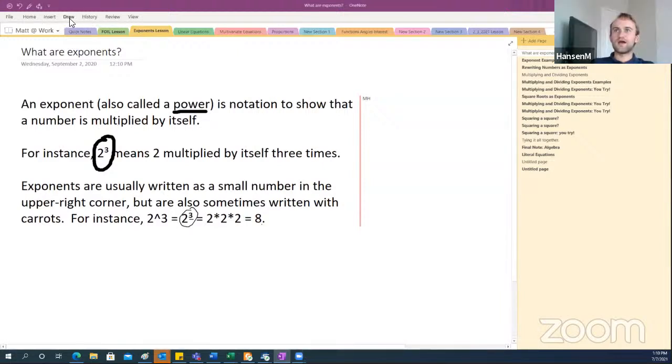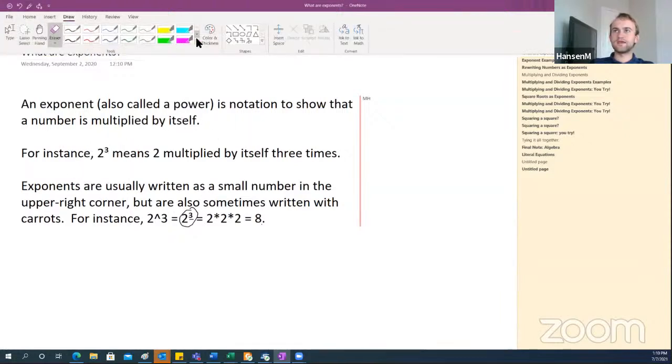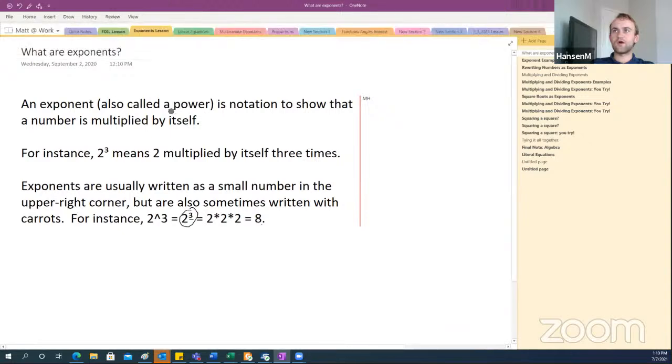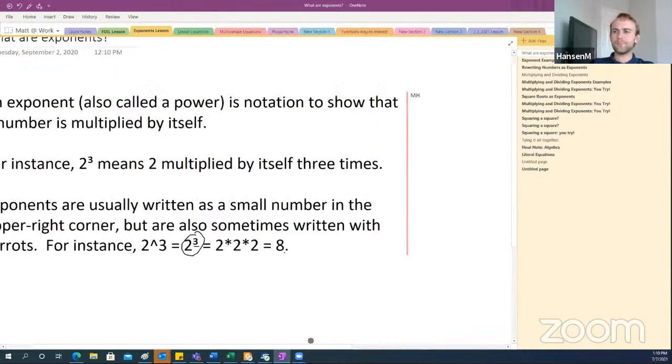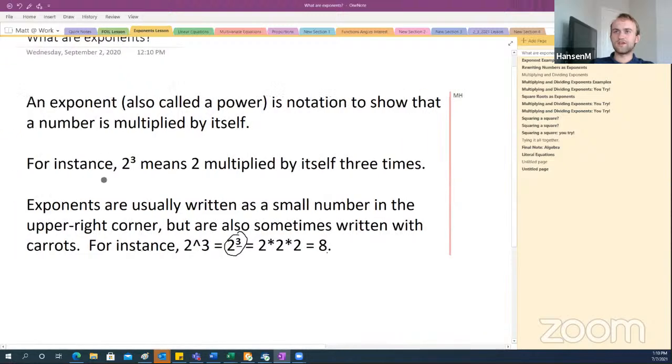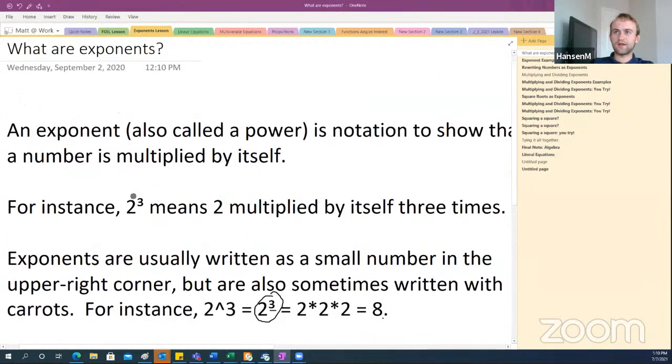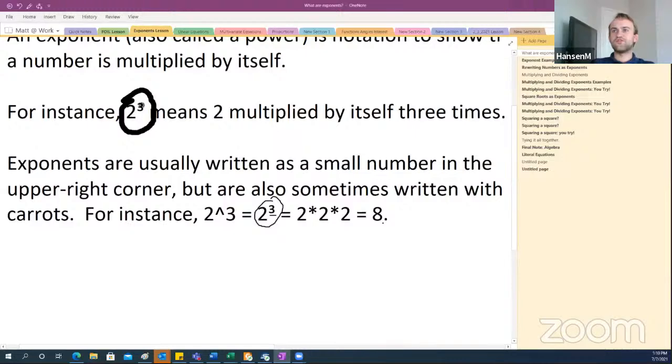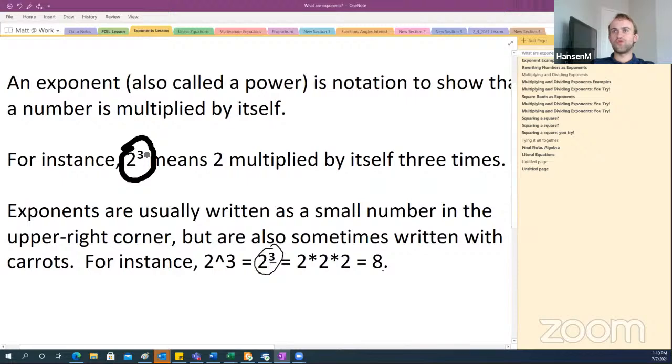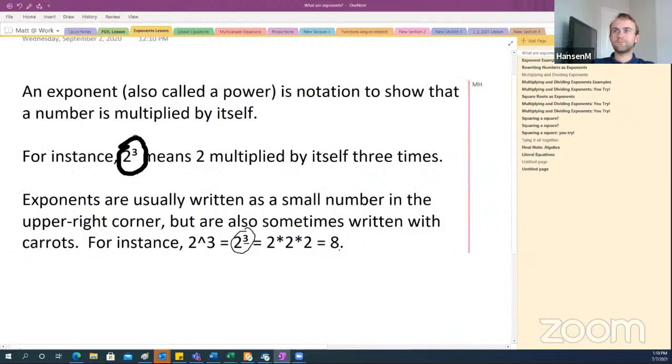So I'll go ahead and take a step back so I can show y'all what I was saying. Again, we're discussing exponents today, also called powers. Here is an example of the notation. You can see this 2 with a little 3 to the upper right of it. That means 2 to the power of 3, or 2 with an exponent of 3.